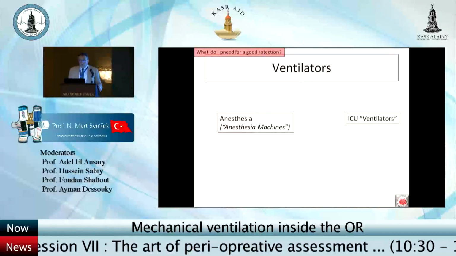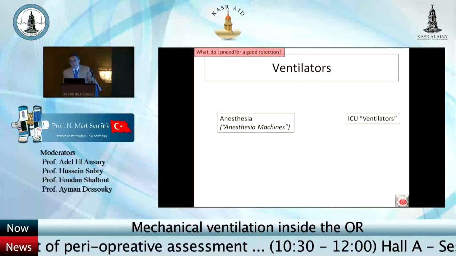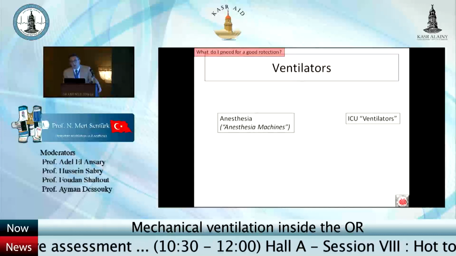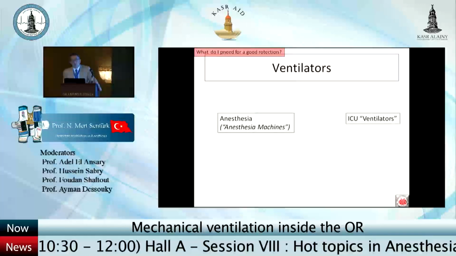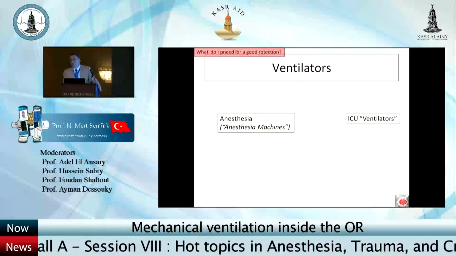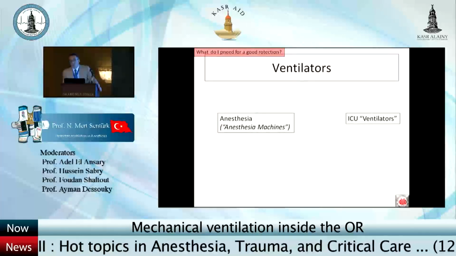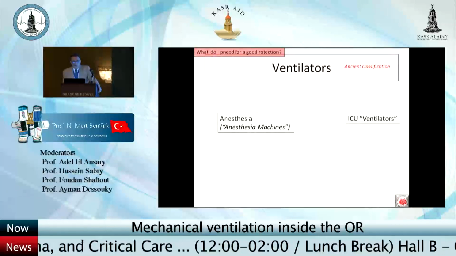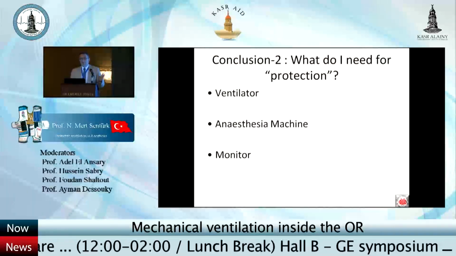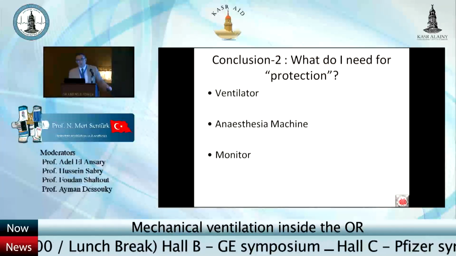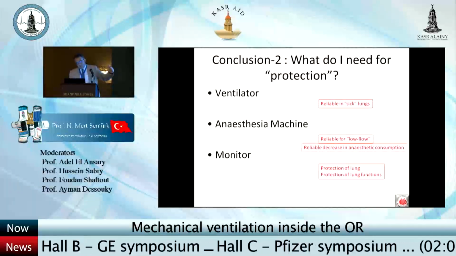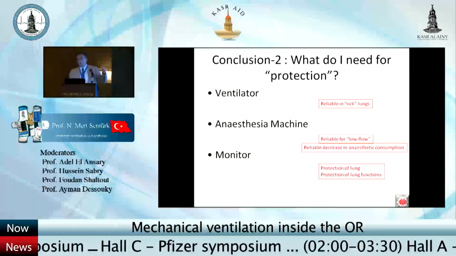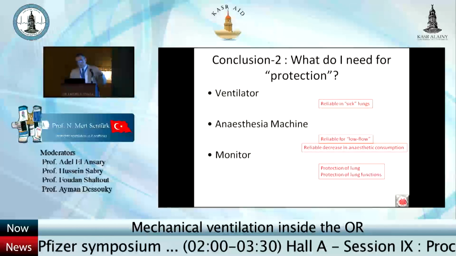The second conclusion is about the ventilators. We have to have reliable ventilators, anesthesia machines, also in the operating room, as we have them in the ICU. The machine in the operating room must be a ventilator reliable both in healthy and sick lungs.